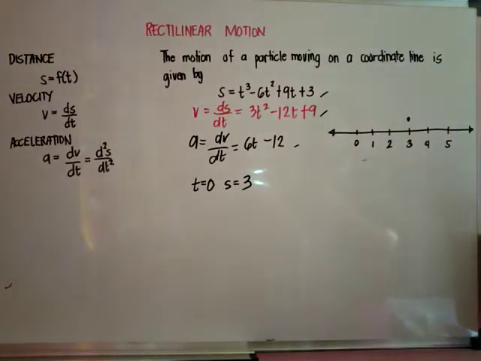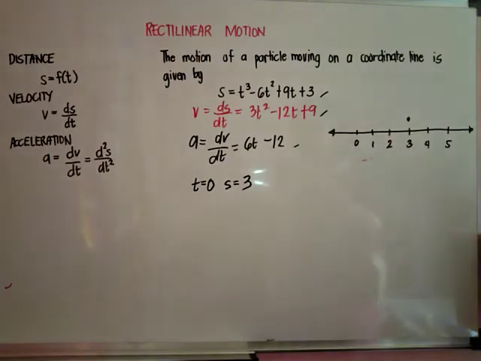So, paano naman natin malalaman kung moving to the right siya or to the left? So, again, i-apply natin yung natutunan natin sa increasing and decreasing function. Meron tayong tinatawag na critical number. Para makuha natin yung critical values, i-equate natin yung first derivative ng function equal to 0. So, dito, i-equal natin sa 0 yung equation ni velocity.